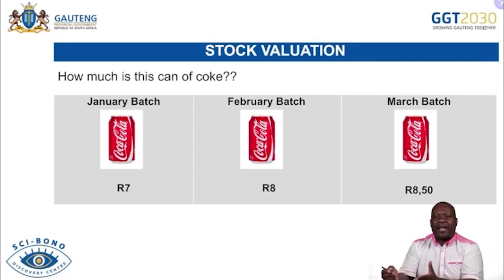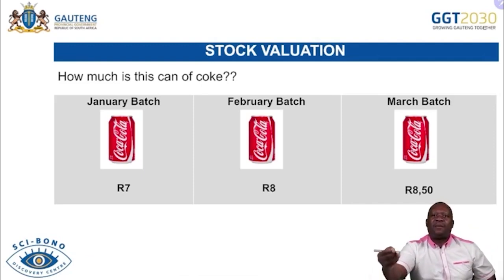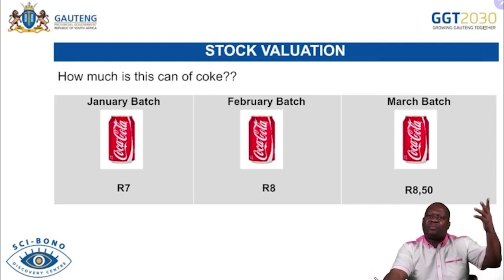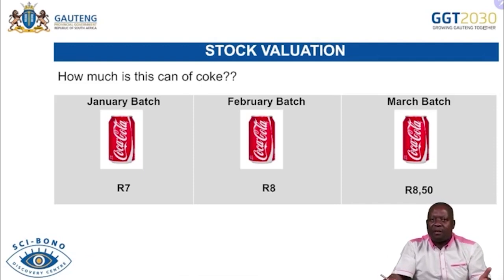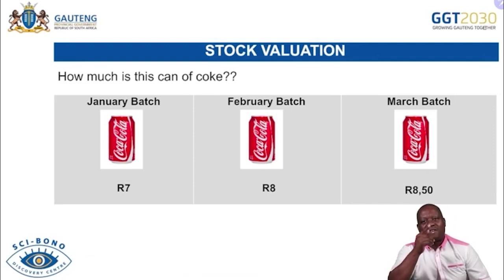So whatever price that we can quote is the most recent price. So we cannot talk of the January price as the price today, but let's use the most recent price." So his reasoning was, the 7 rand batch is gone. The 8 rand batch is gone. We are only left with cans that are worth 8 rand 50, which means we are having the last batch. I thought to myself, first in, first out.